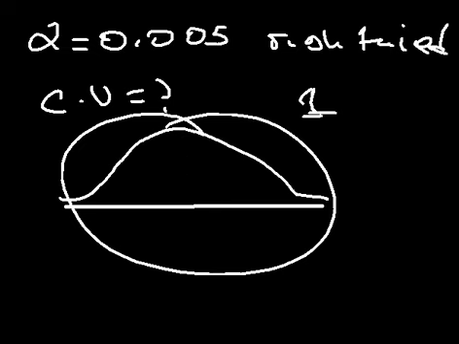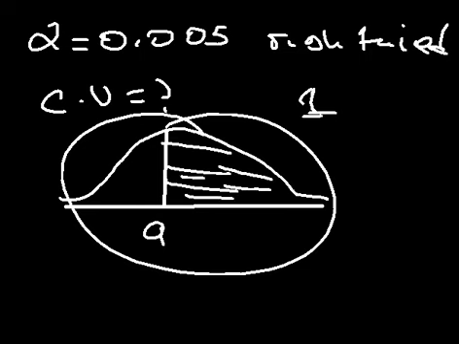Let's say this is the critical value given as A, and we are told to find the area on this side.